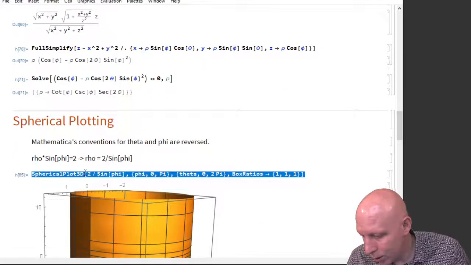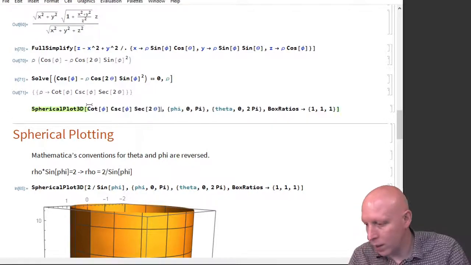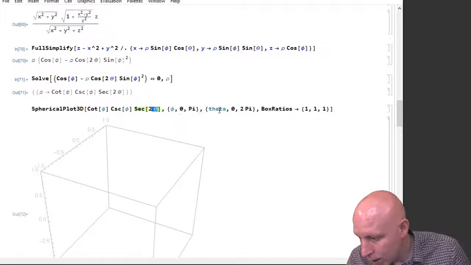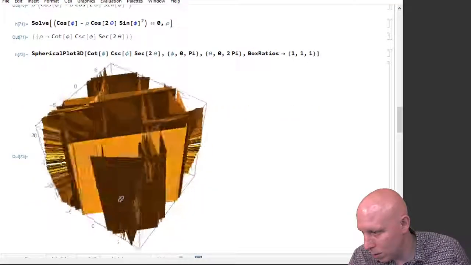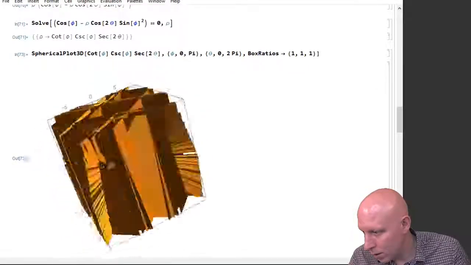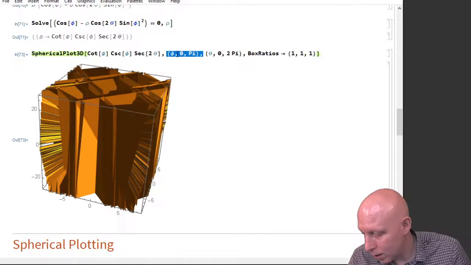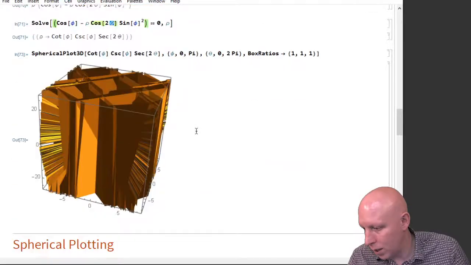So we could do a spherical plot of this thing, where this is phi and this is theta. Whoa! Craziness. Let's see what happens. I've already interchanged phi and theta.